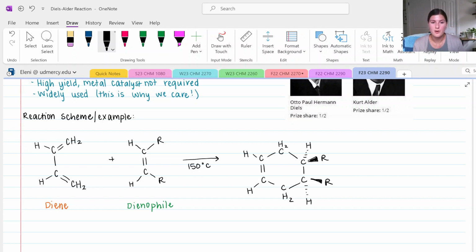Okay, so here's the product from the diene and dienophile that we added. Two things about this reaction. One is that we call this a cycloaddition reaction, and that's because it forms a ring.